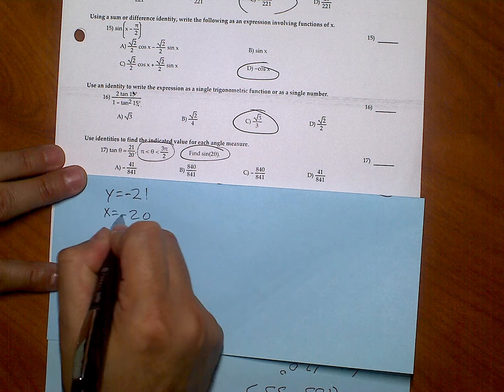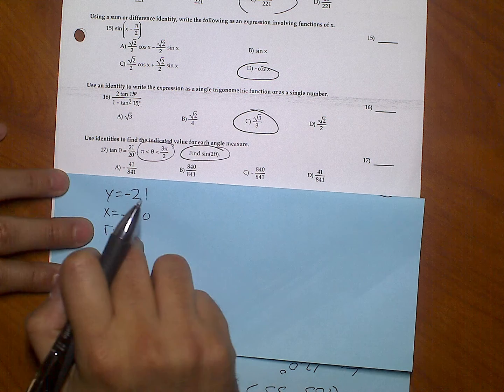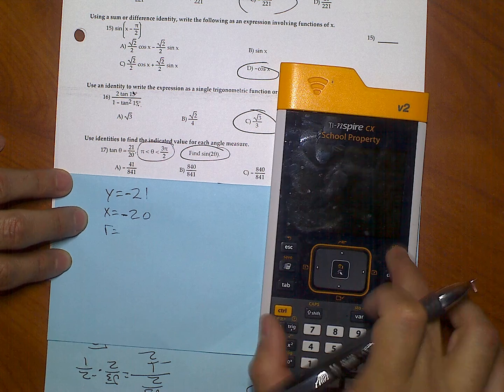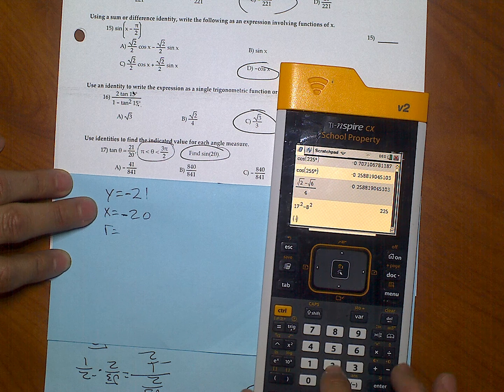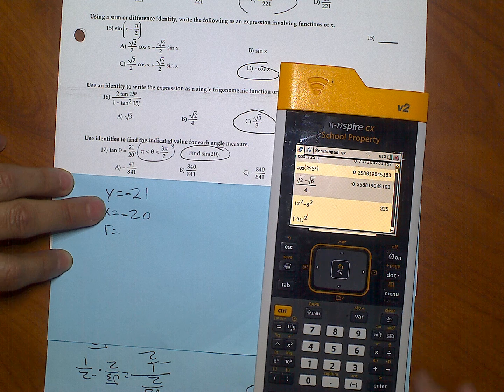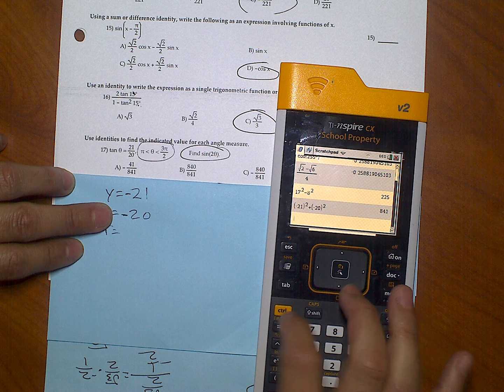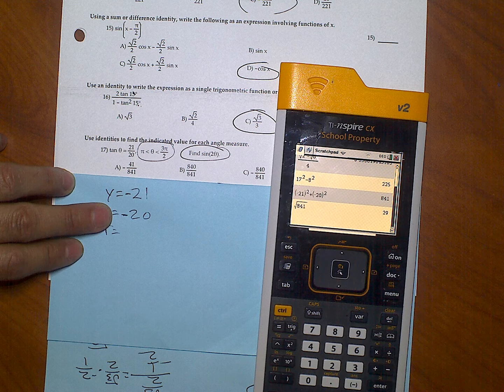So I have to negative those, right? Yeah. Now, we still have to find the R value, don't we? Yes. So, find the R value. Squared plus... 29? Okay.